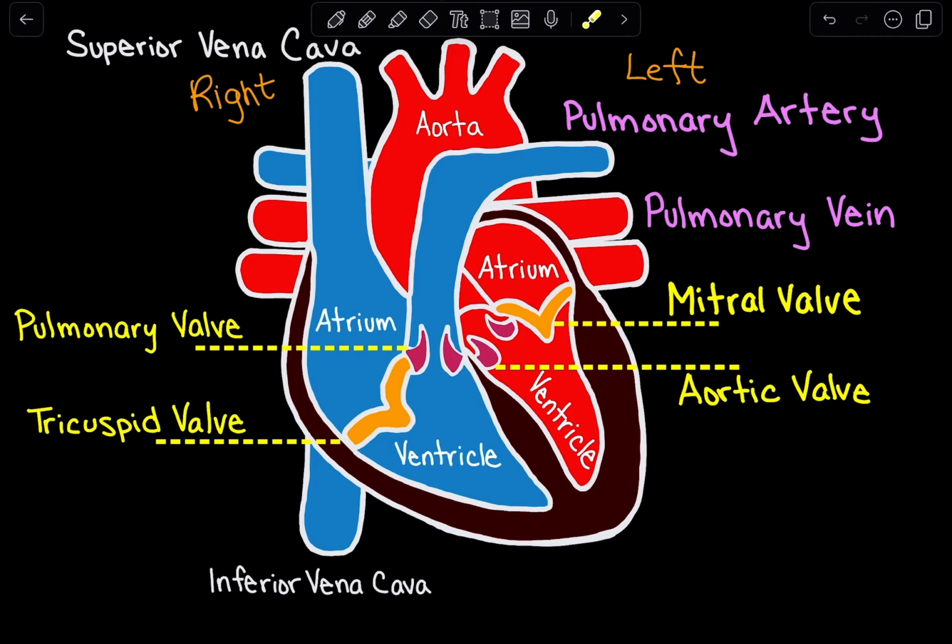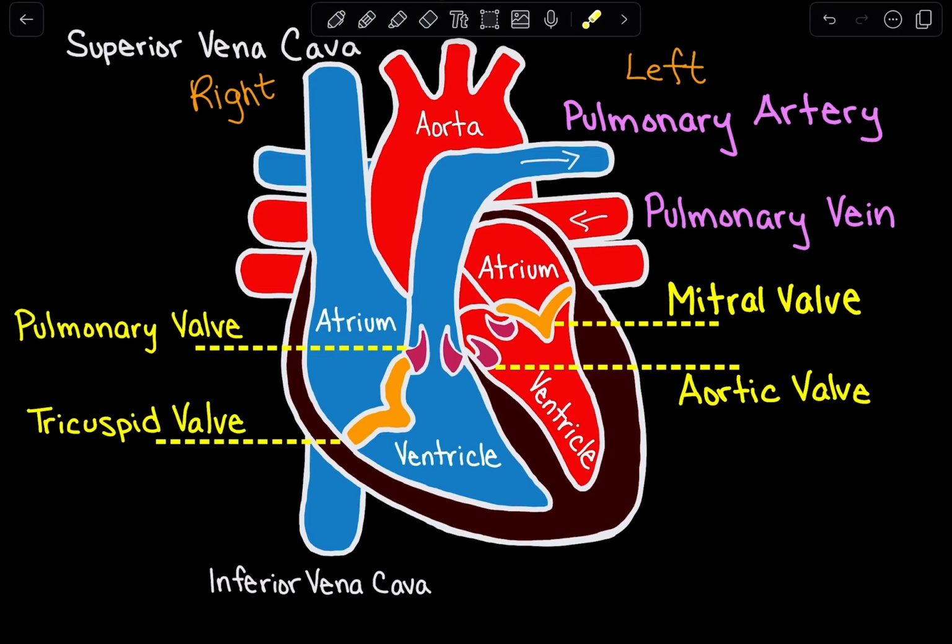It would be incorrect to say that arteries carry oxygenated blood and veins carry deoxygenated blood, although that is much more common in the human body. This is actually an example where the artery is carrying deoxygenated blood, and we're going to see a vein carrying oxygenated blood. So it's more accurate to say that arteries move blood away from the heart and veins move blood to the heart. We can draw that in for simplicity: away, and this is going to be coming in.